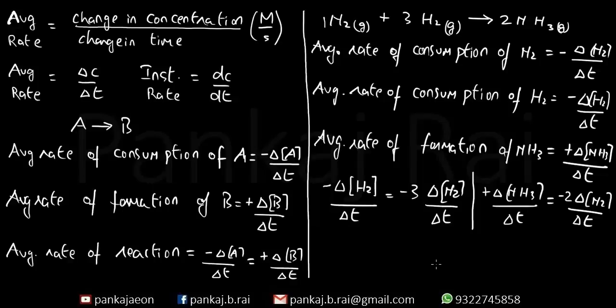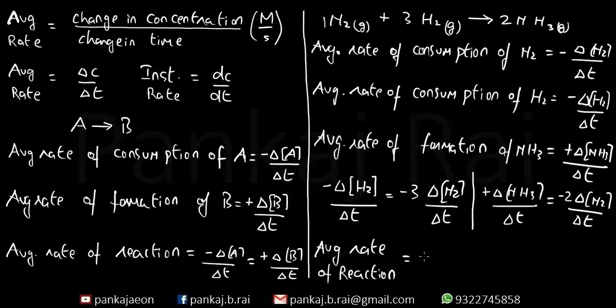So the average rate of reaction is given by the rate of consumption of a reactant or rate of formation of a product divided by its coefficient.